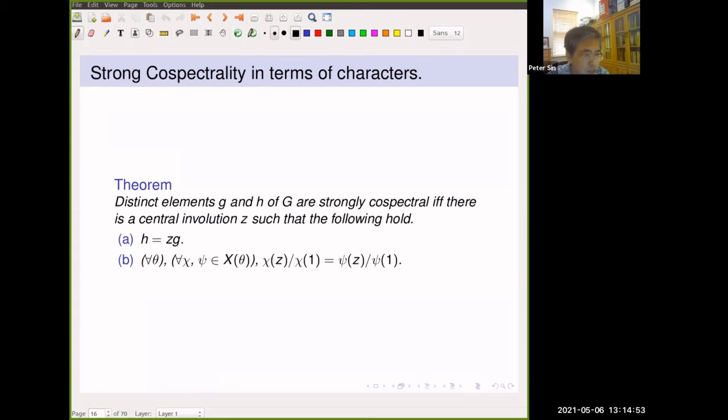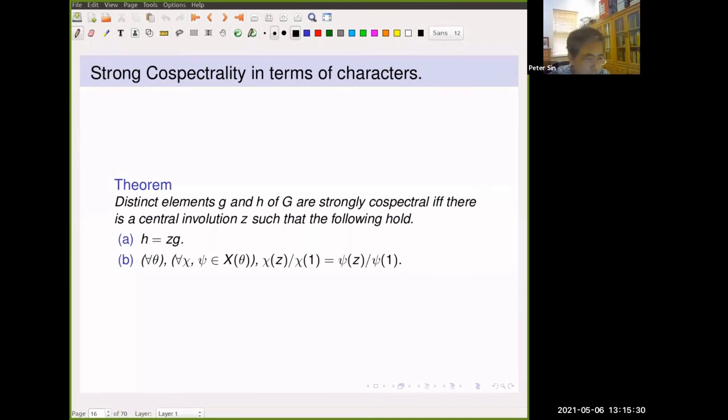Two distinct elements, g and h, will be strongly cospectral if and only if there's a central involution z such that the following hold. h is zg, as we just saw, and for every theta, if you look at two characters in this X_theta, they give you the same eigenvalue theta, then they have to agree. The value on the involution z has to agree in sign.